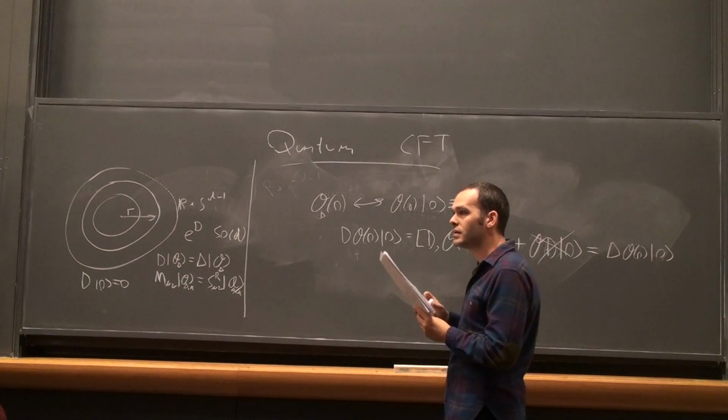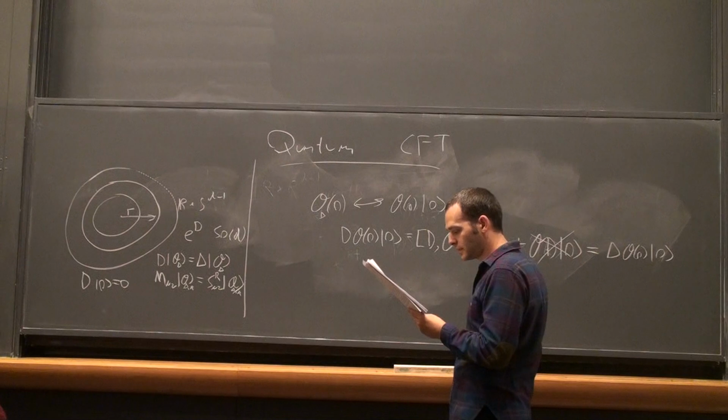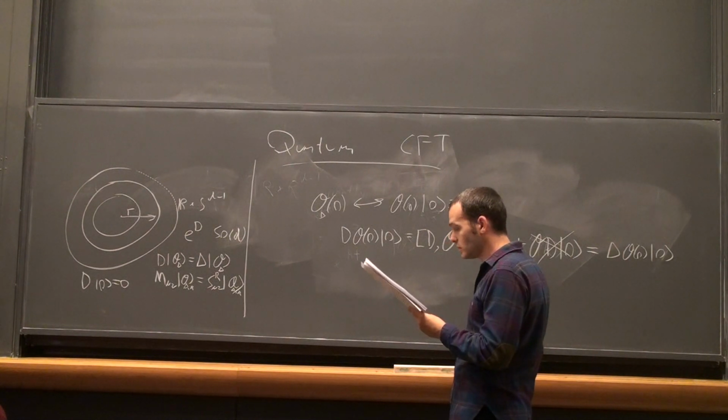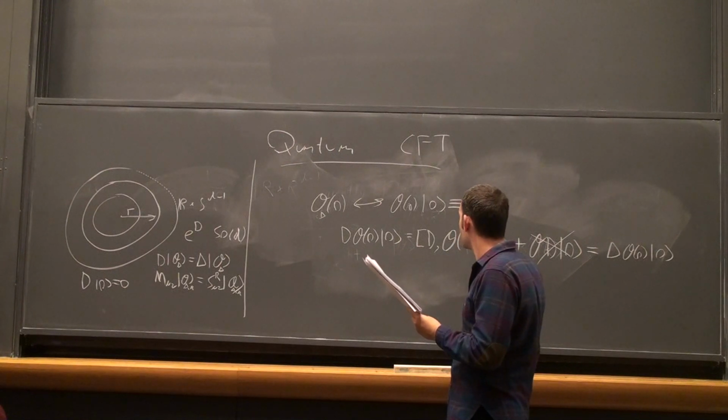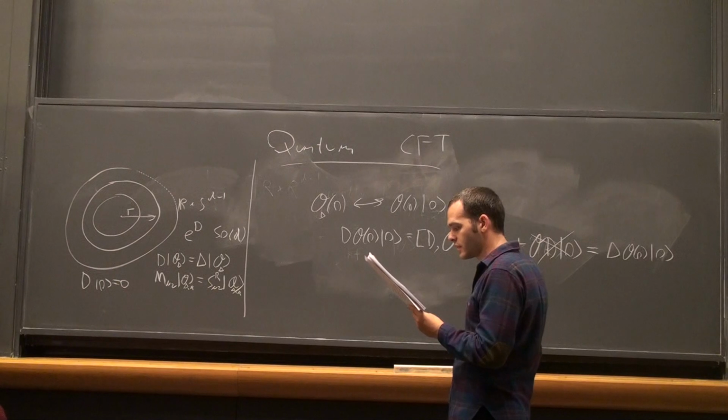Yes, the statement is that for every local operator inserted at the origin, there's a corresponding state on the sphere. We can define the property of that state through, let's say, correlators with this operator.